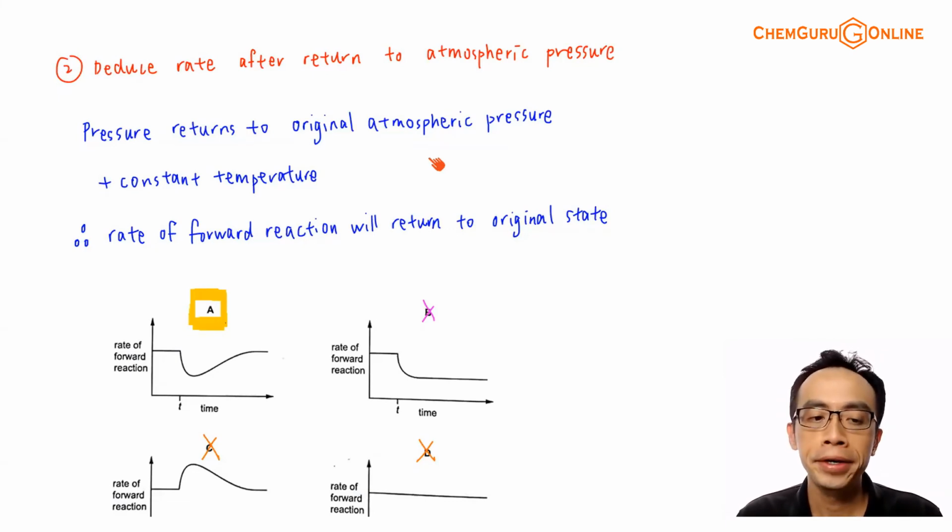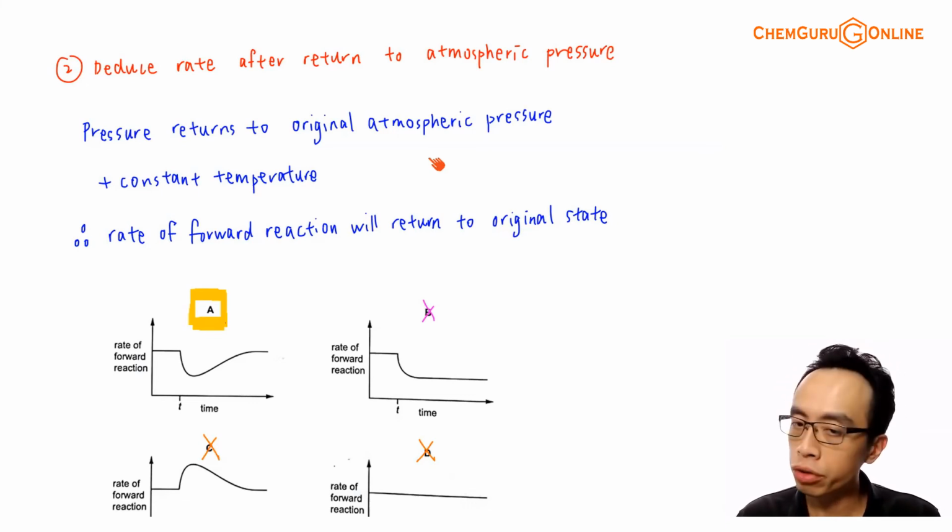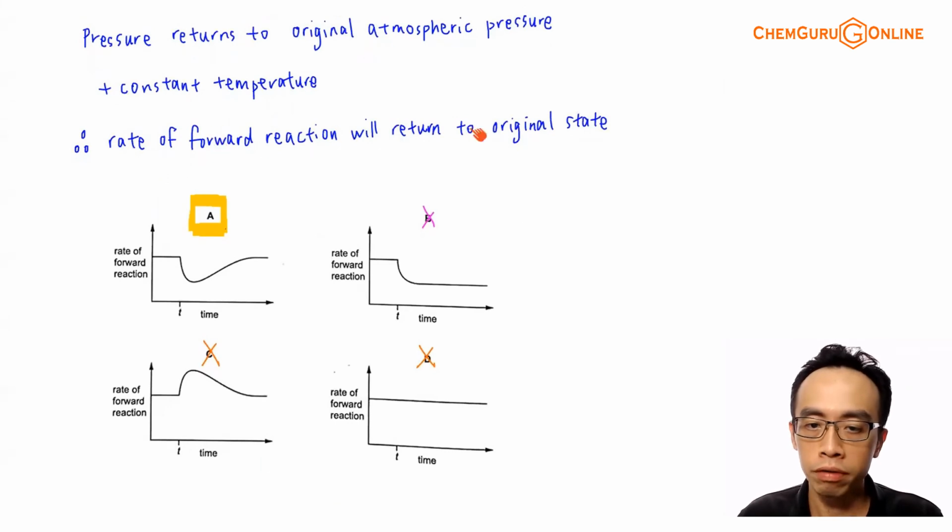So we do expect the rate of the forward reaction to return to the original state, because at the same temperature and the same pressure, the partial pressure for CO2 should be the same as before. Therefore, the rate of the forward reaction should also go back to the same as before.